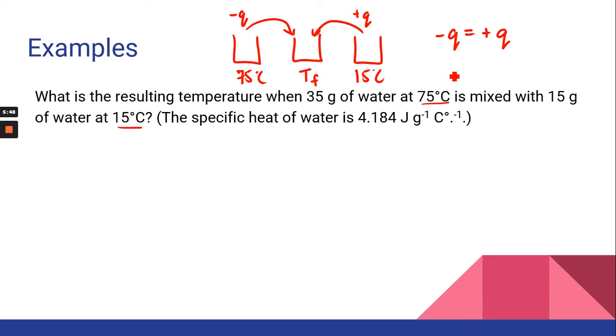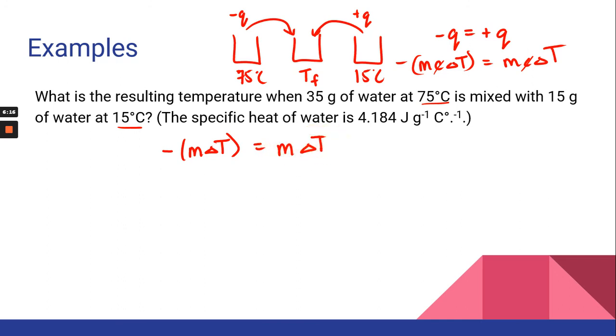Since we know that Q is the same thing as mc delta T, we can set up our equation so that they are equal to each other. Because both substances are water, we can also eliminate the C because we would end up dividing by the same value. So we have the mass times the change in temperature of the 75 is equal to the mass times the change in temperature of the 15 degrees Celsius.